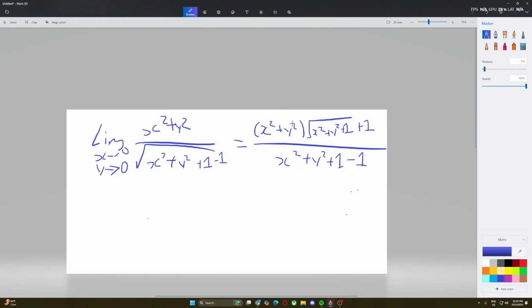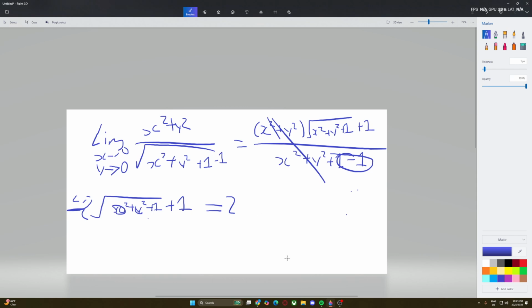And then notice that these minus 1 turn into 0, and then you can cancel this, and then we get x squared plus y squared plus 1 plus 1, and the limit of whatever turns into 0, 0, 0, and this would equal 2. That's all.